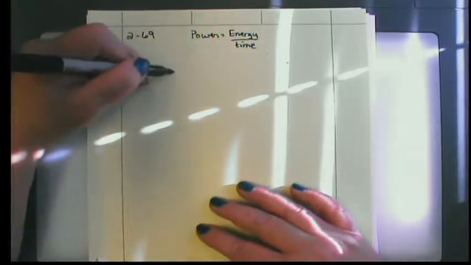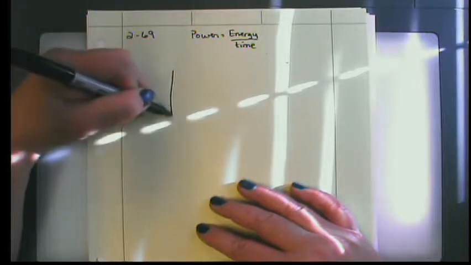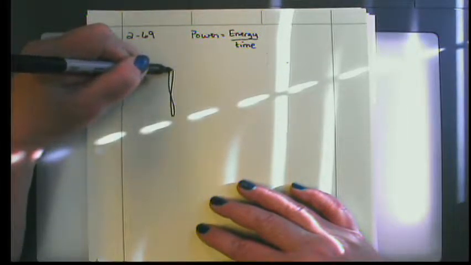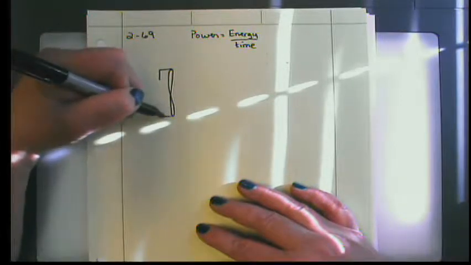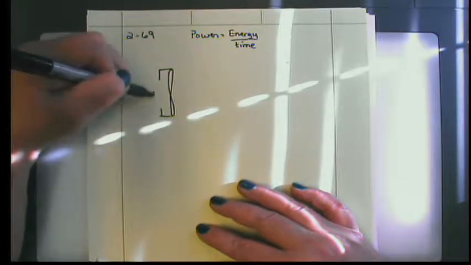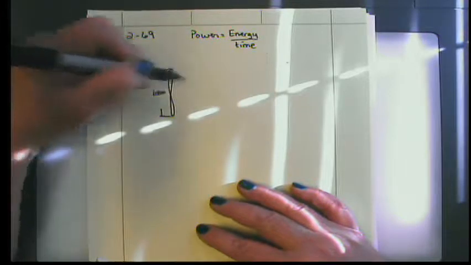So here's what we have going on. We have a wind turbine, this is sideways, and the diameter of this turbine is 100 meters.